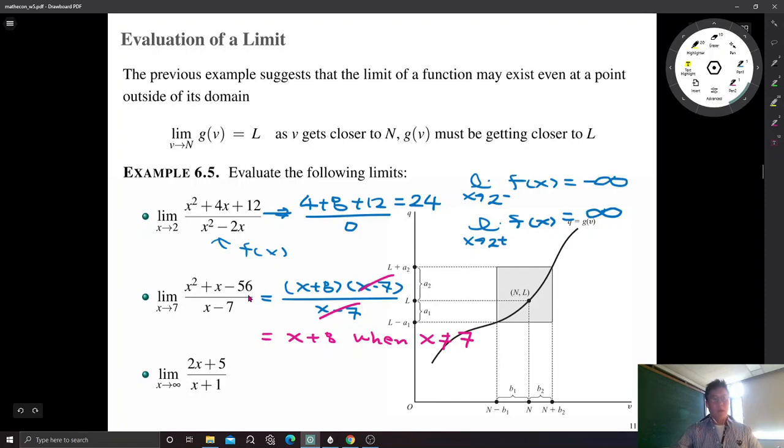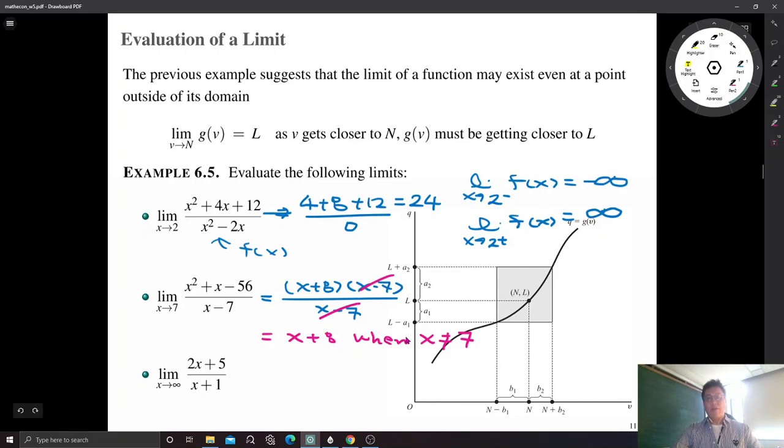Okay. So this is the limit. The limit notation indicates the approximate value. So x is not exactly number 7, but this describes a situation where x is very close to number 7. So for this reason, we can cancel off these two x minus 7 from the top and bottom.